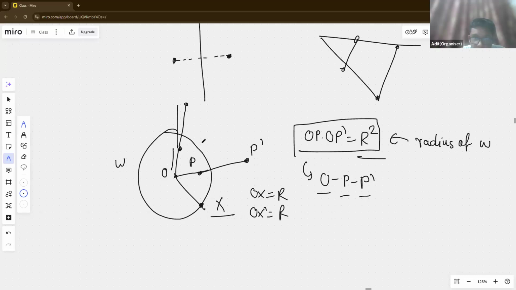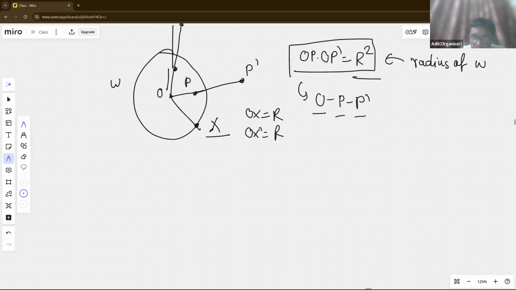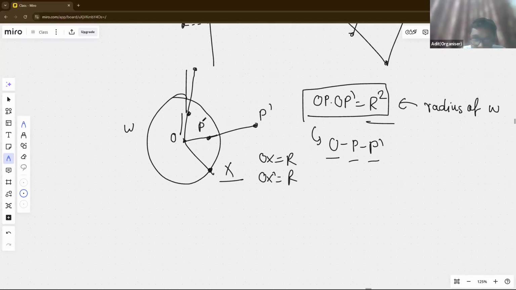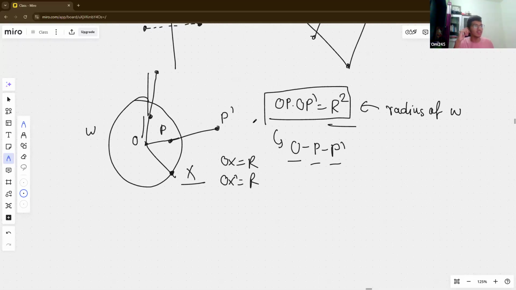In particular, P dash should be on ray OP, not the other way, because we take directed lengths and R square is positive, so it should be on this side.